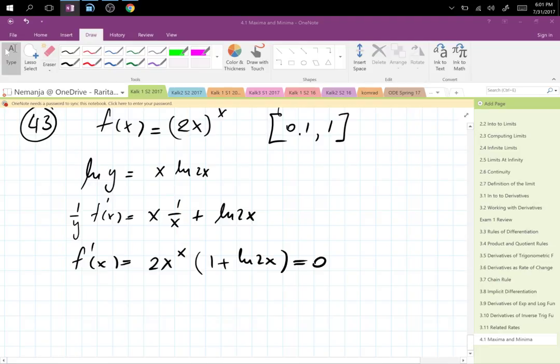Well, you start with this, right? You always start with this. So 2x to the x equals 0, and 1 plus ln 2x equals 0. What do we do for x to the x?